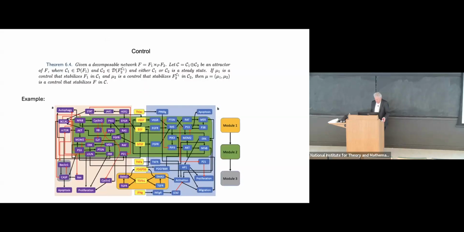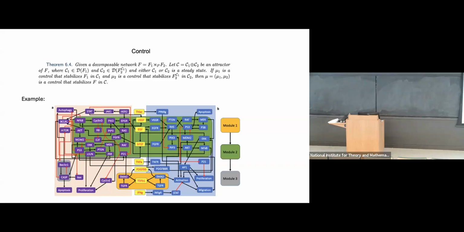So why would this be a good thing to do? What do strongly connected components have to do with biology? I cannot answer this question, but one thing that I can answer is one of the things you do want to do is you want to control biological systems.